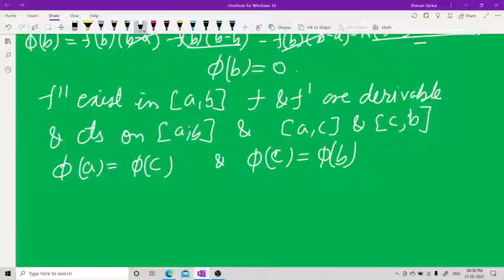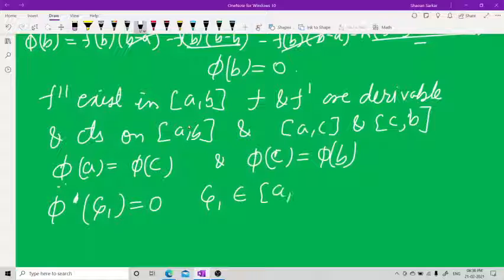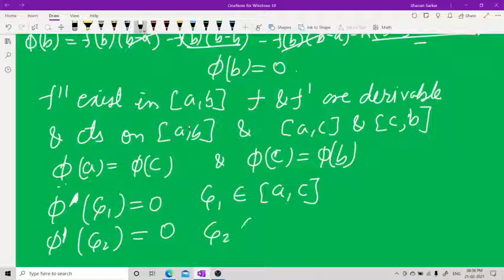So now you can apply Rolle's theorem, because phi is continuous, differentiable, and it satisfies the third condition of Rolle's. Therefore between A and C, phi dash xi1 is equal to 0 for xi1 belonging to AC, and phi dash xi2 is equal to 0 for xi2 belonging to CB.